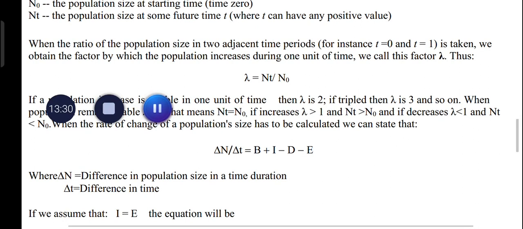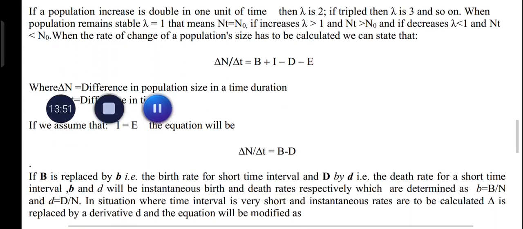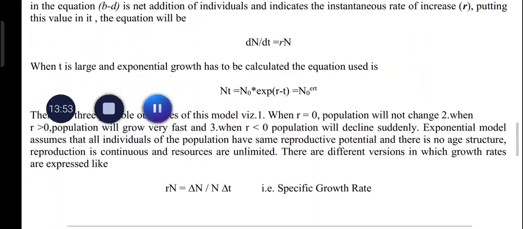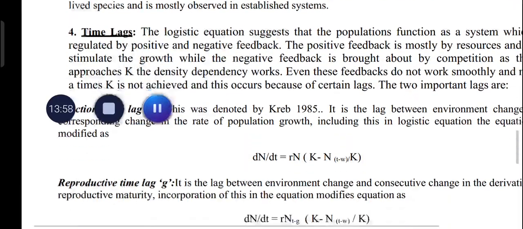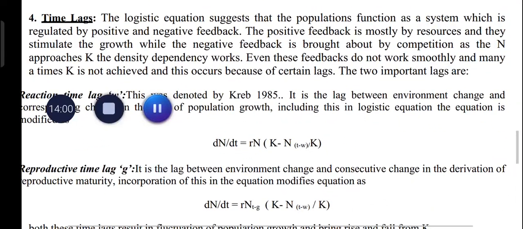When the ratio of the population size in adjacent time periods, for example t equal to 0 and t equal to 1, is taken, we obtain the factor by which the population increases during one unit of time. So likewise, we can see this. And what are the time lags?